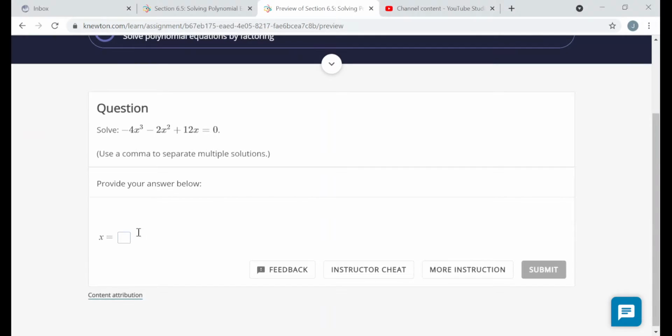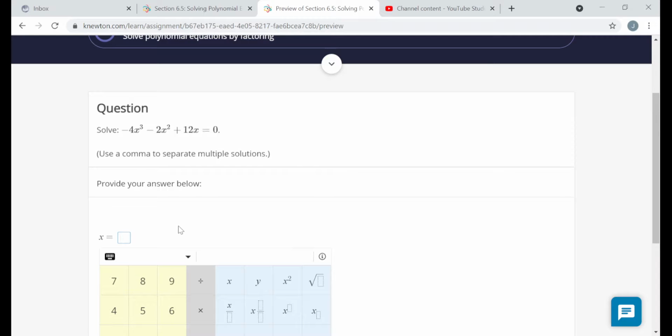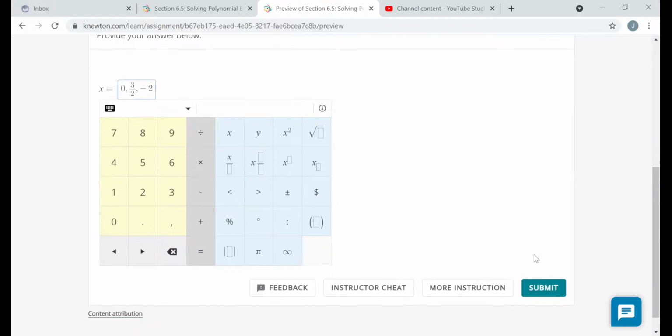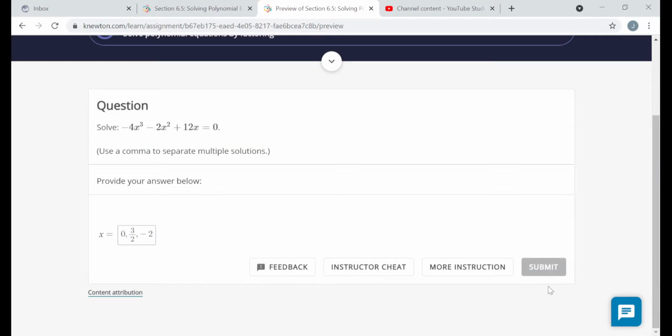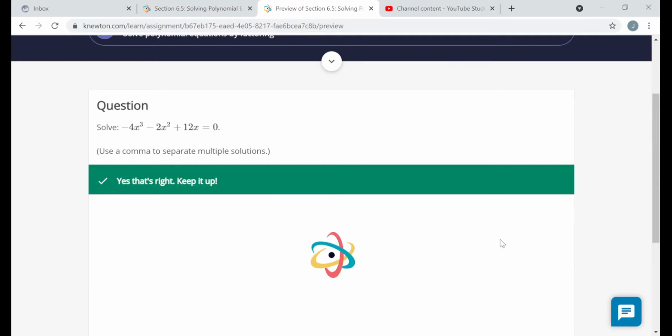And that's all I'm doing, is entering those values with commas between them. 0, comma, -3/2, comma, -2. Nope, not -3/2. I said positive 3/2, but I typed negative. Double check your answers before you hit submit. There's a lesson there.